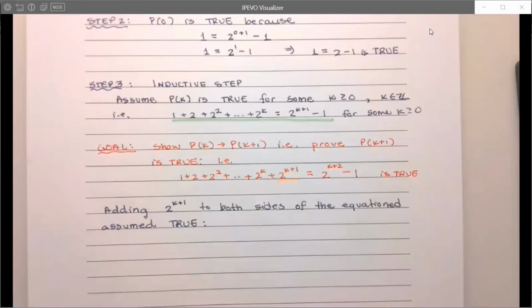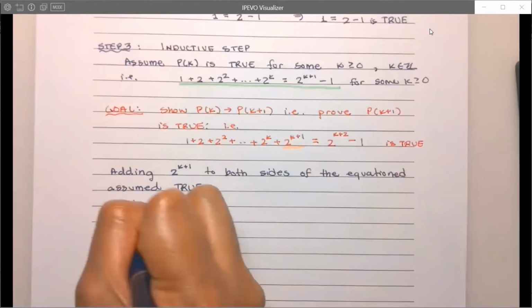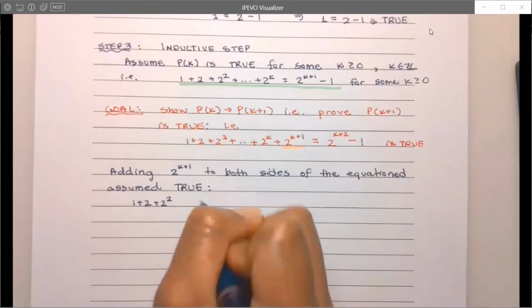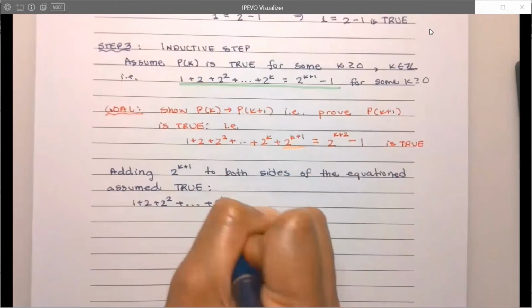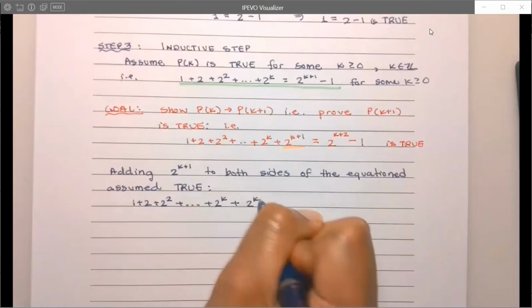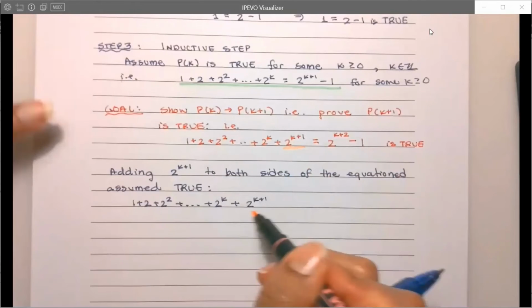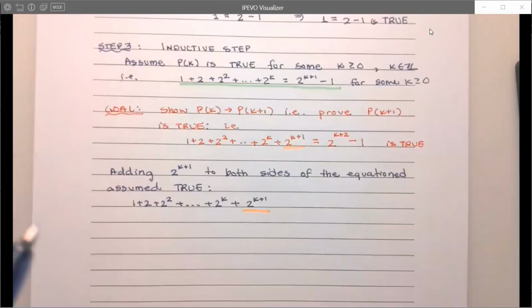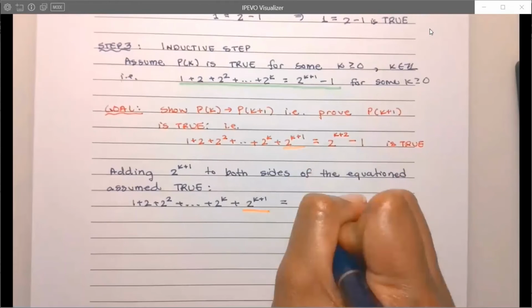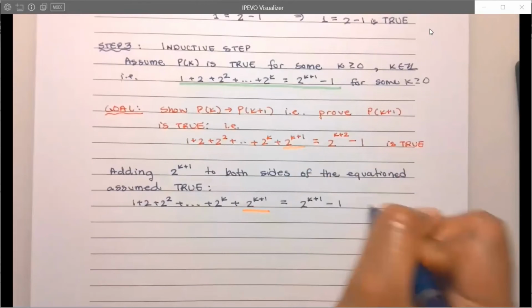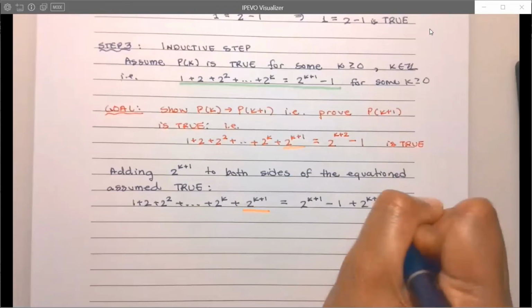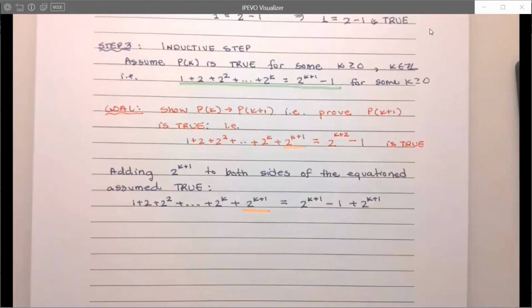We get the following: 1 plus 2 squared plus 2 to the k plus 2 to the k plus 1, that's my added term, is equal to 2 to the k plus 1 minus 1 plus 2 to the k plus 1. That's my added term.